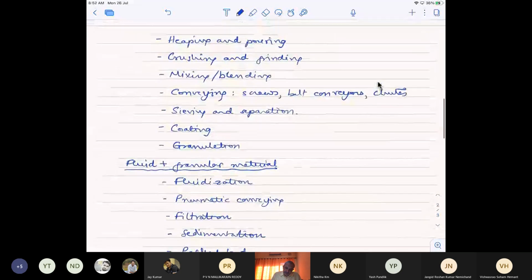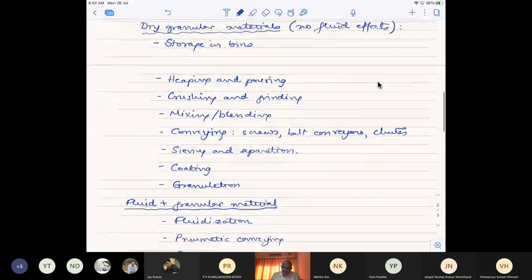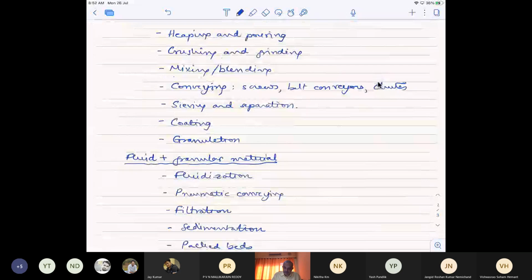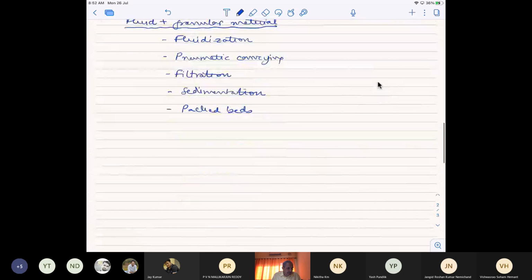And if you look at the curriculum in many of the engineering disciplines, we learn very little about how to do many of these processes. So what you find is that, in fact, performance of many granular processes is below par.